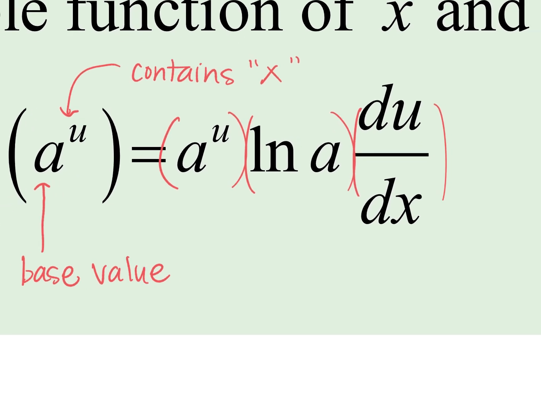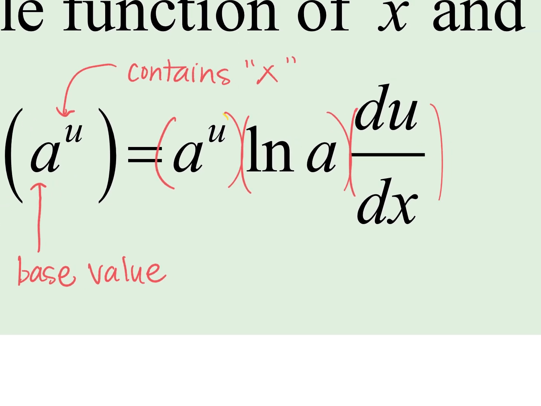Notice the first parentheses is the exact same thing you started with. It starts with itself, and then comes a log, and then comes a chain rule. So there are 3 parts to it.